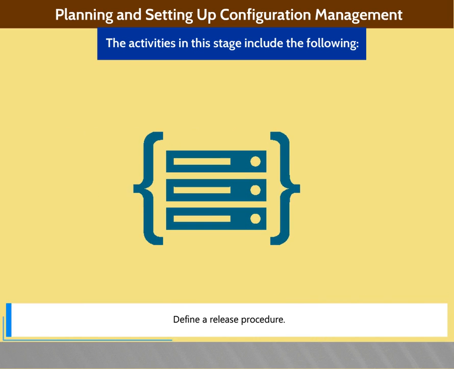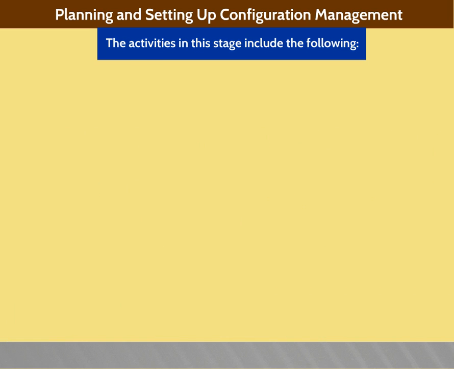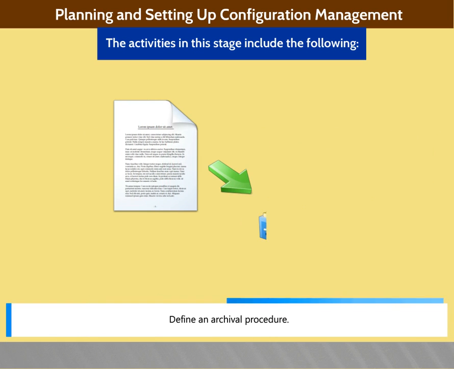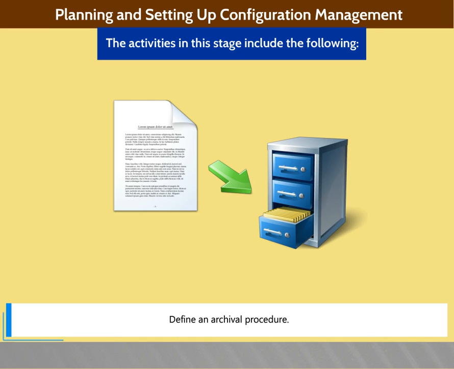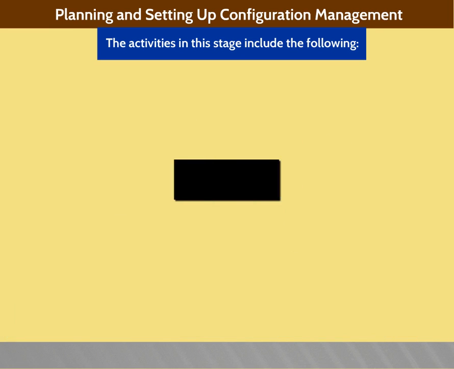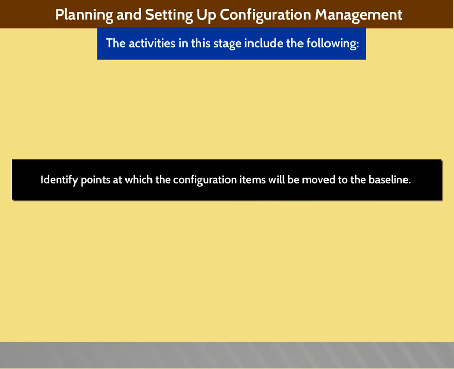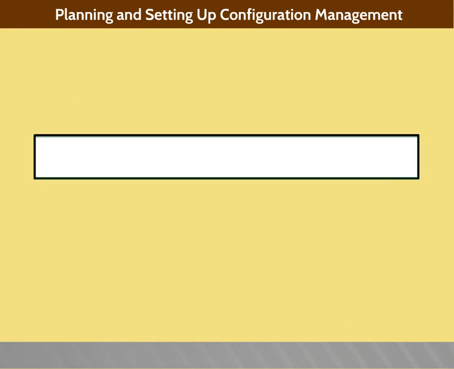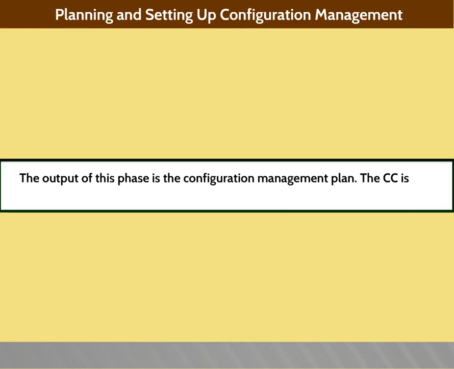Define a release procedure. Define an archival procedure. Identify points at which the configuration items will be moved to the baseline. The output of this phase is the CM plan.